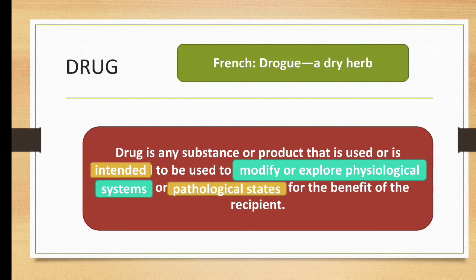So pregnancy is not a disease condition, but it is a kind of physiological condition, and we need to explore or modify that physiological condition. Like we don't want pregnancy, we are avoiding pregnancy, so we are taking oral contraceptives. Okay, so a drug can be used for the treatment of disease or it can be used to modify or explore a physiological condition like that of pregnancy. Okay, so a drug is used for these conditions.